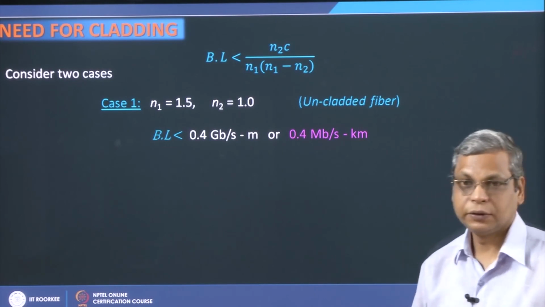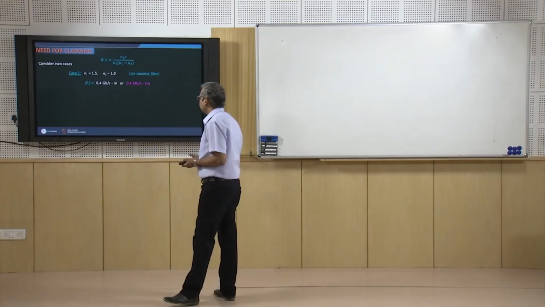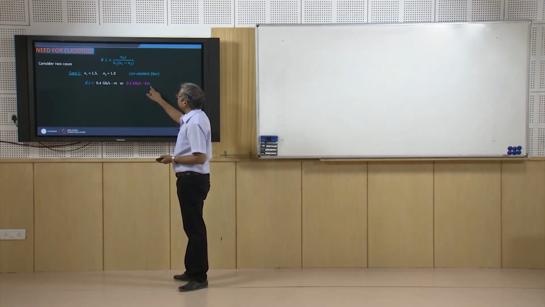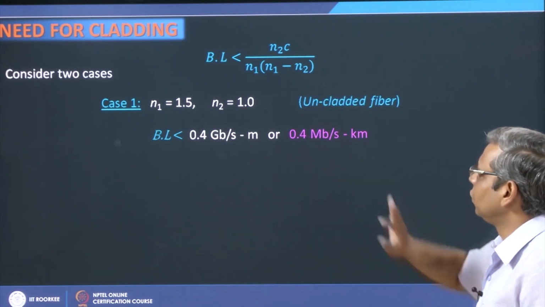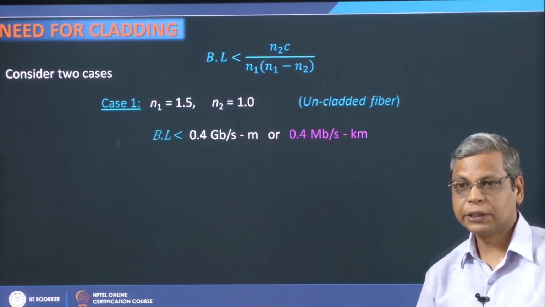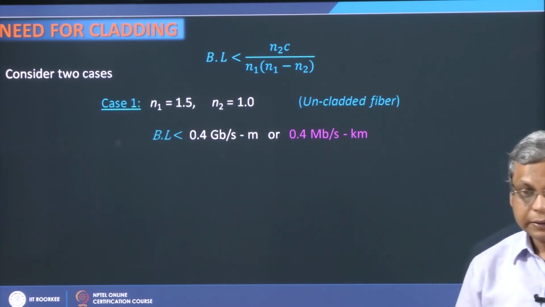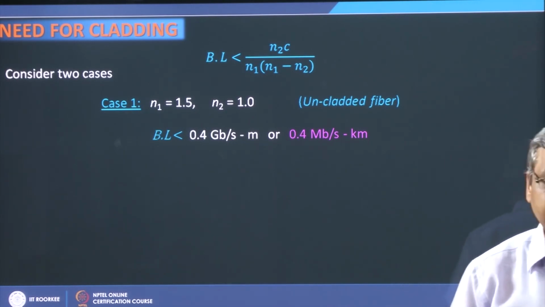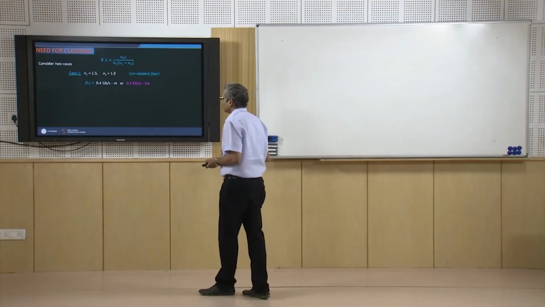Of course, you would not like to send information only for a meter. If I talk about kilometer, then 1 kilometer length of the fiber can sustain a bit rate only up to 0.4 megabits per second. And if you remember that if I am trying to send a video, then video requires a data rate of about 100 Mbps. So, you cannot use it, okay.